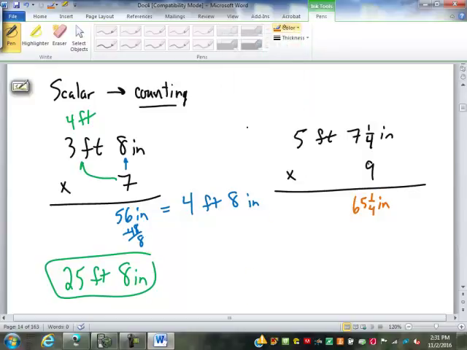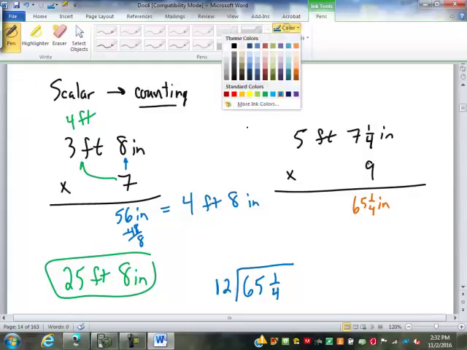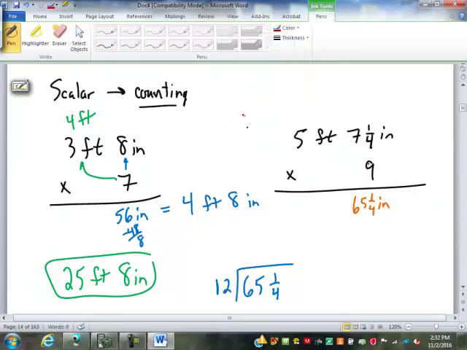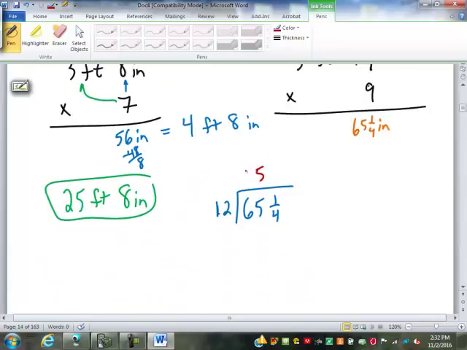Well, think of fractions. When we went to reduce a fraction or change it from an improper fraction to a mixed number, we did a division and remainder. When we're going from inches and trying to get it into feet and inches, we're going to divide by 12 because there's 12 inches in a foot. Well, 12 goes into 60 5 times. 5 times 12 is 60.